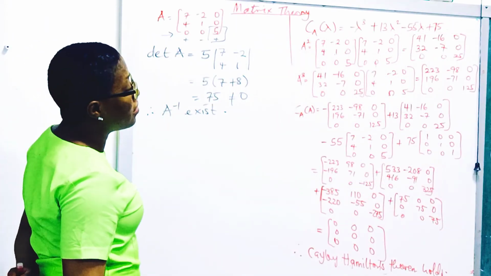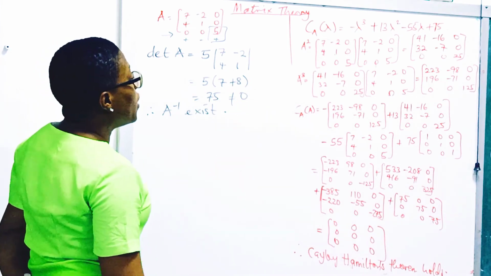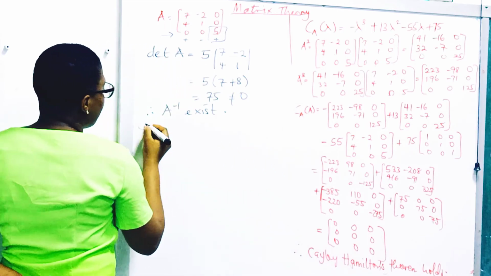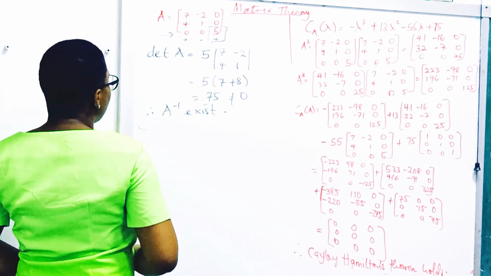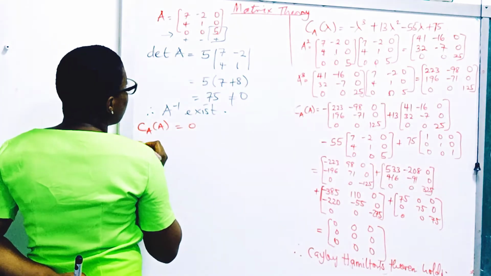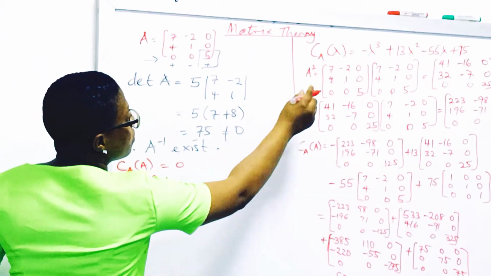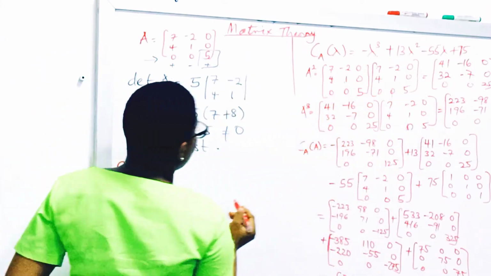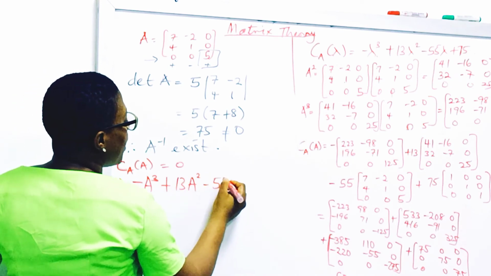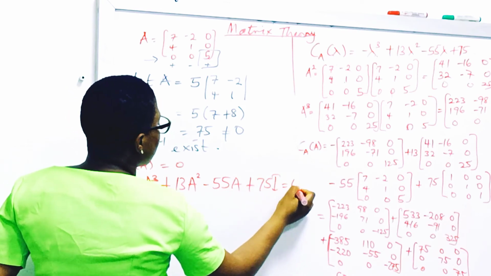Now we want to find A inverse. We are going to use Cayley Hamilton's theorem. We have seen that this whole thing is equal to 0. We have seen that C of A is equal to 0. It implies minus A cubed plus 13A squared minus 55A plus 75I is equal to 0.